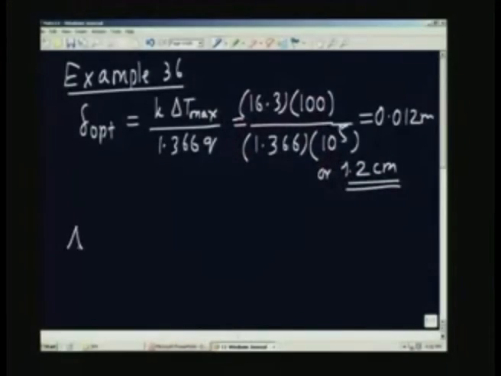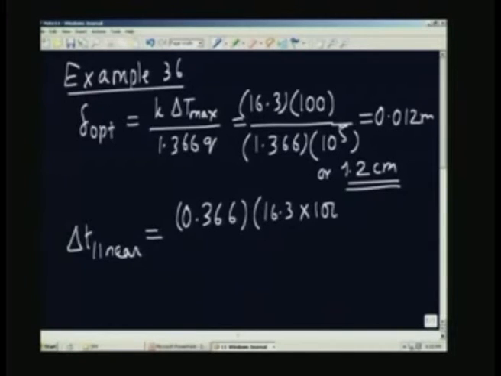So, we can also calculate the delta T linear. So, 0.366 multiplied by the K T whole squared, K is nothing but 16.3 into 100 whole squared, divided by alpha Q squared, Q is 10 to the power of 5 whole squared.